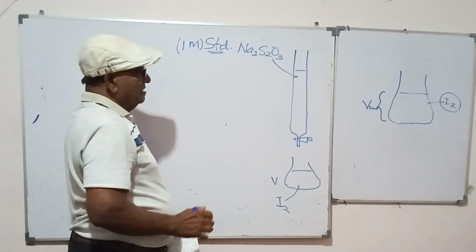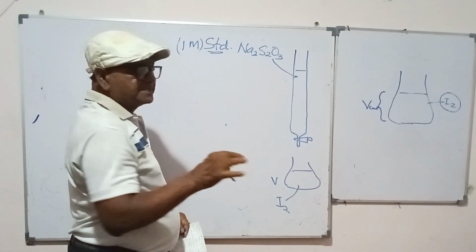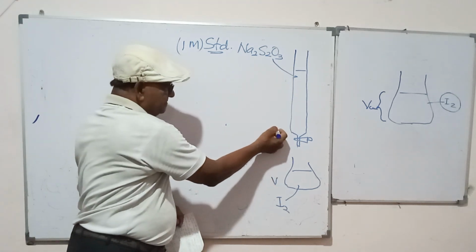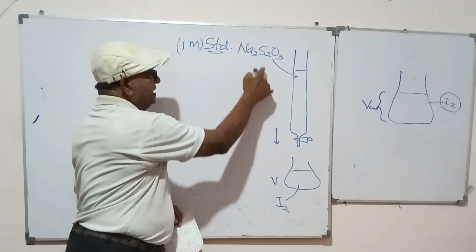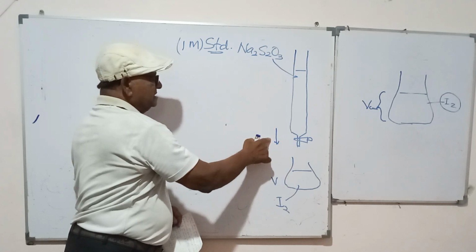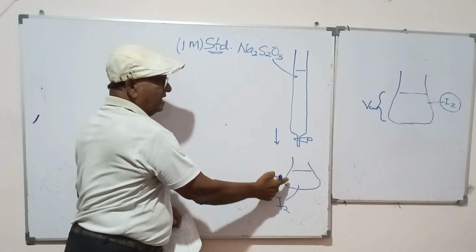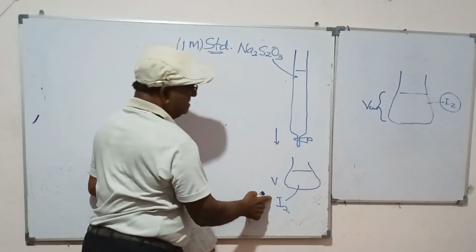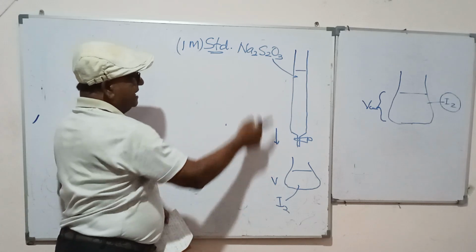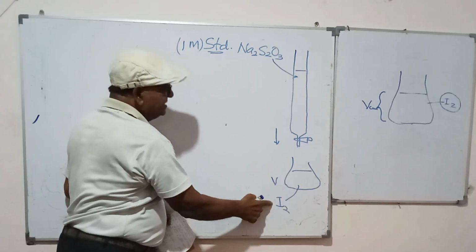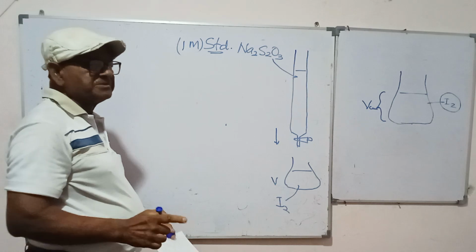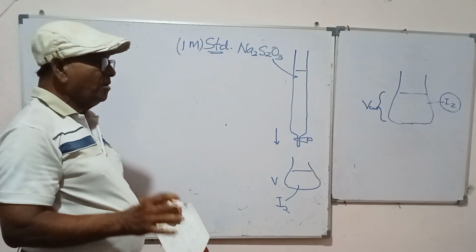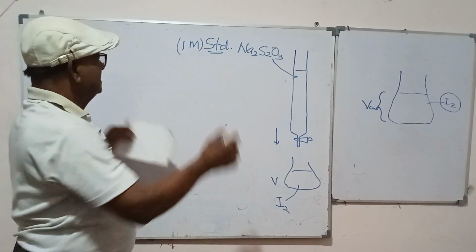Then we must know what reaction occurs when we are adding sodium thiosulfate from the burette into the titration flask. The iodine is present in the titration flask. Then thiosulfate reacts with iodine. We must know how they react to each other.